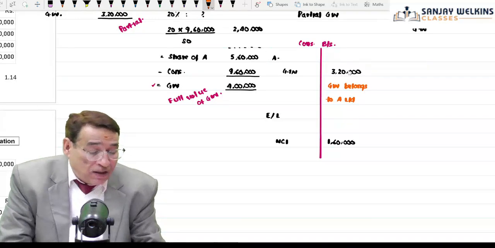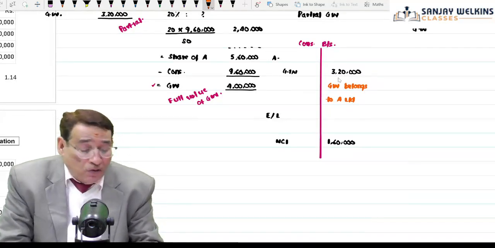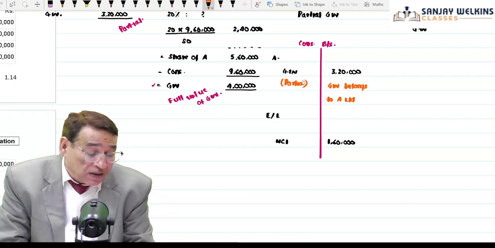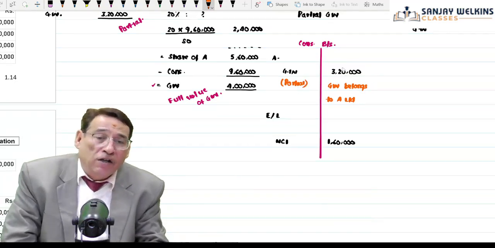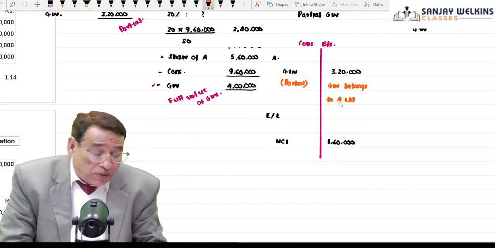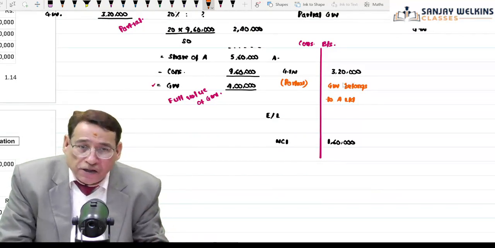And remember this, this is a partial goodwill. So what do we mean by partial goodwill? Partial goodwill basically reflects the share of the acquirer entity. This entire goodwill of 3,20,000 shows that it belongs to the acquirer entity or the parent entity.